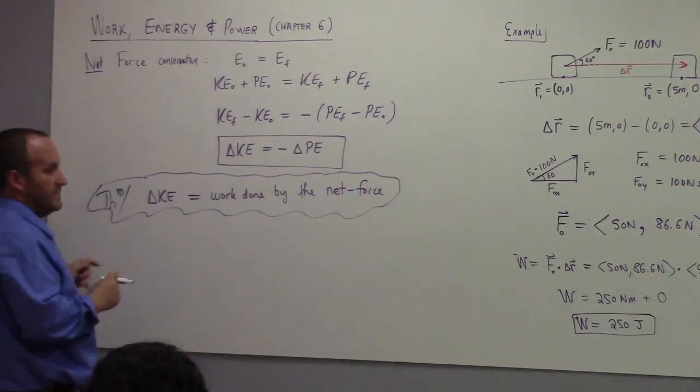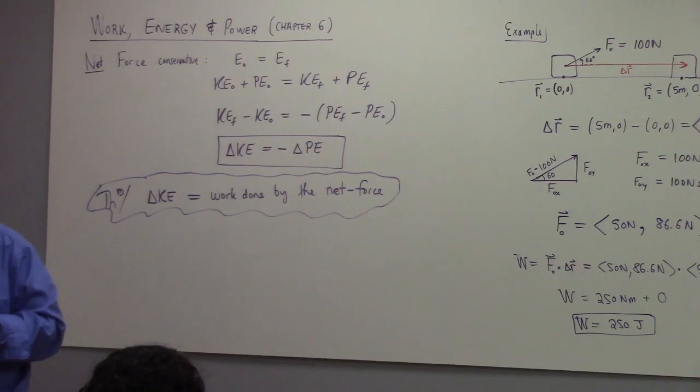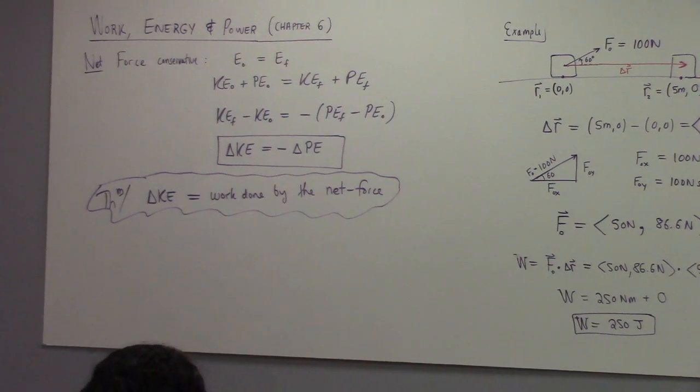We use this. This is the so-called work energy theorem. This does not have strings attached, in the sense that this is true even for non-conservative forces. I can have non-conservative forces at work. It's still true that the work done by the net force is equal to the change in kinetic energy.